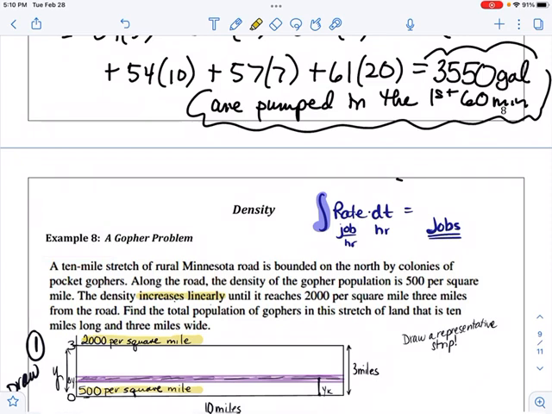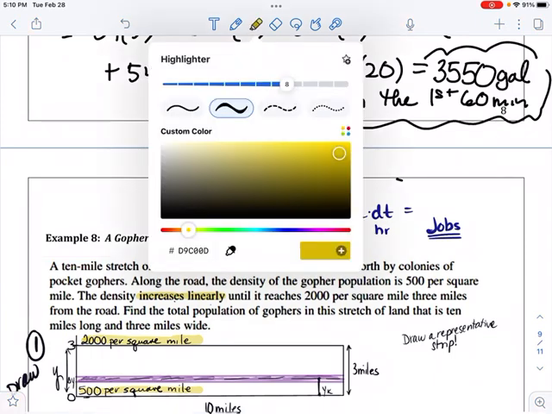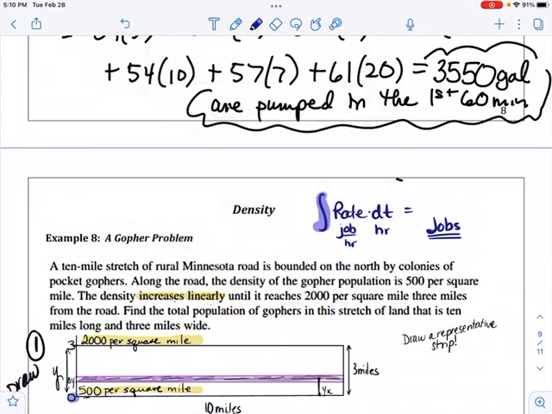We want to find the total population of gophers in this stretch of land that is 10 miles long and 3 miles wide. So what I did is I took a rectangle, drew the road. So you can see the road is right along here. I'll make it a blue road. Okay, there's the road. So I drew so that I would go 3 miles away from the road on both sides.